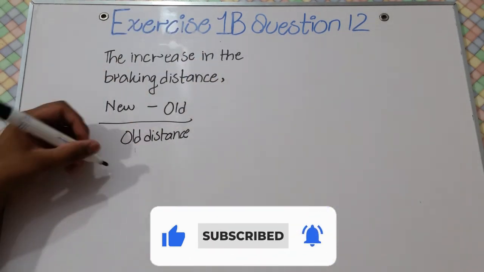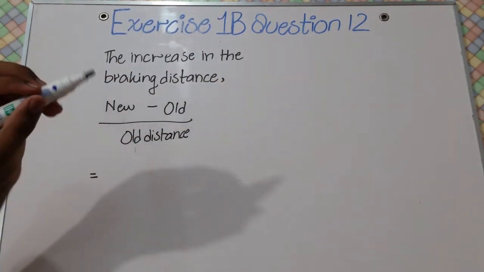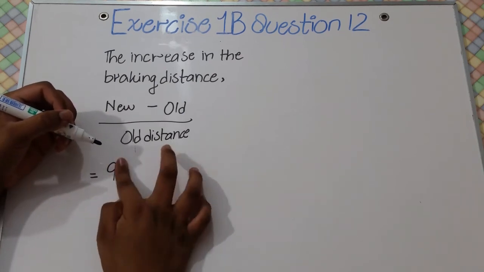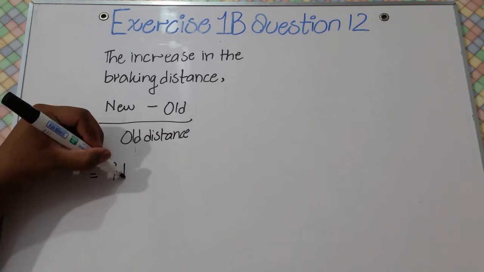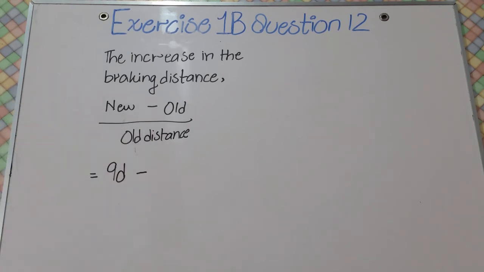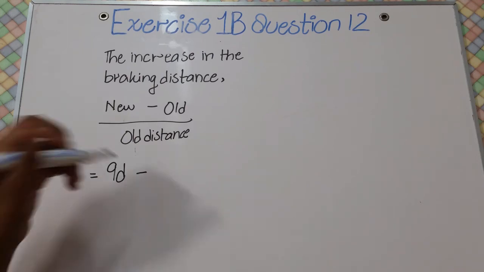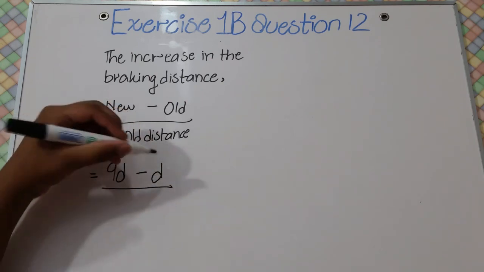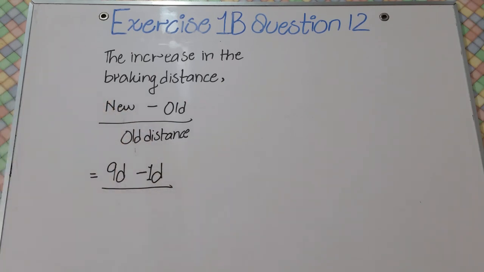Let me write the new distance over here. The new distance was 9d, subtracted by the old distance. So it was small d, which I just predicted in the first clip of the video, when capital D equals small d. So that was the old distance, and it is 1d because we need to subtract also.